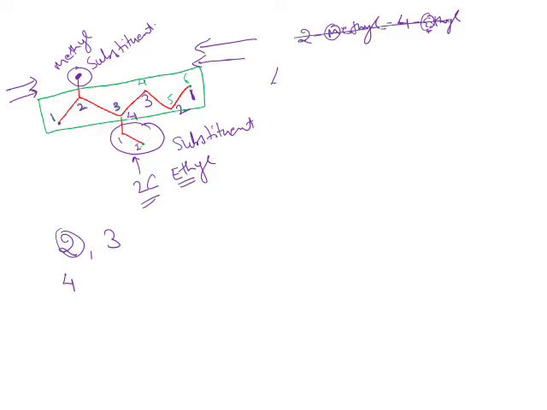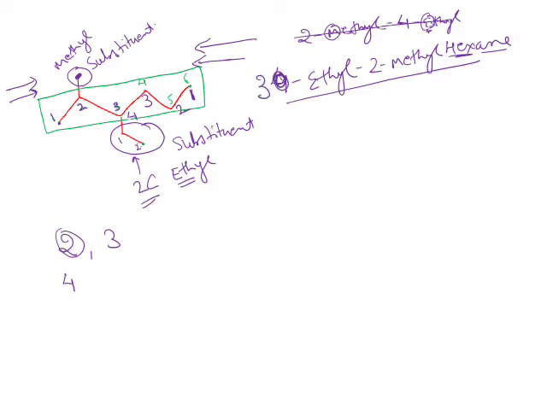So our main name will be 4-ethyl 2-methyl, and then 6 carbon is hexane. Hex is 6-ane. So this is the name of... oh, no, it's not 4, it's 3, my bad. It's 3-ethyl because this is 3.